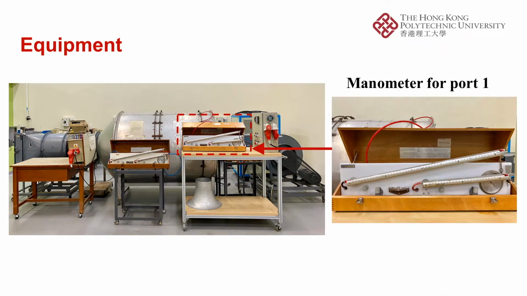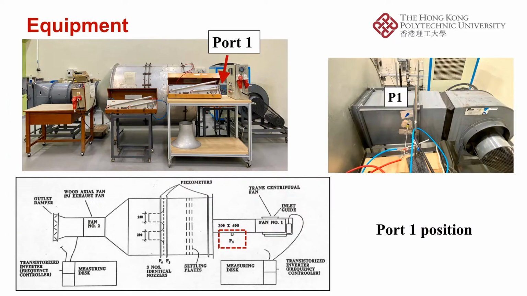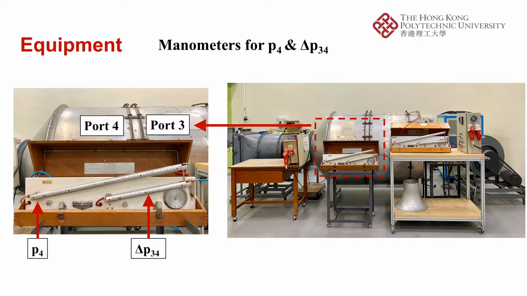This manometer is used to measure the pressure at port 1. And port 1 is in this position as shown in these pictures. The manometers next to it are used to measure the pressure at port 4 and the pressure difference between port 3 and port 4.